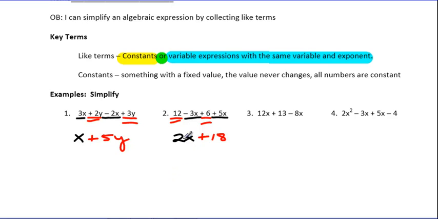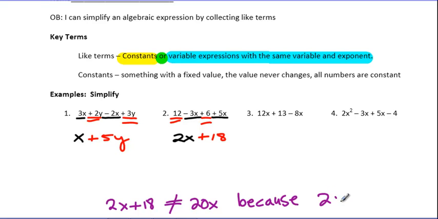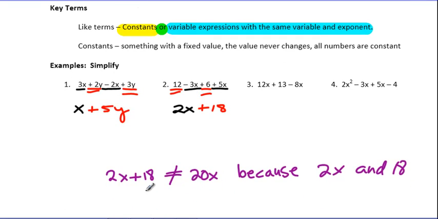Notice, I did not do 2x plus 18 and get 20x because these are not like terms. So I'm going to put this, and you should put this too: 2x plus 18 does not equal 20x because 2x and 18 are not like terms.